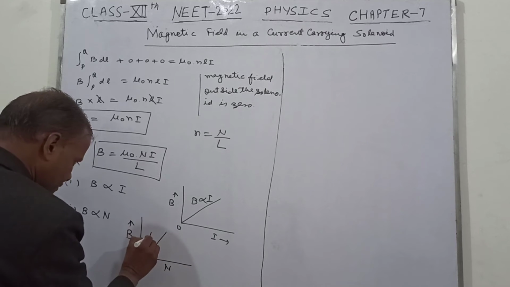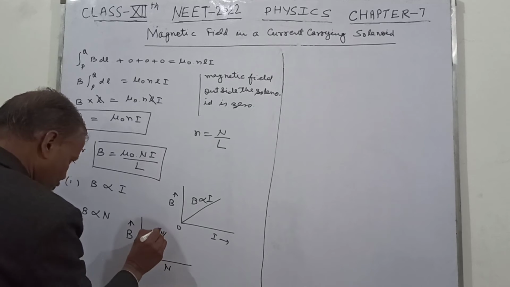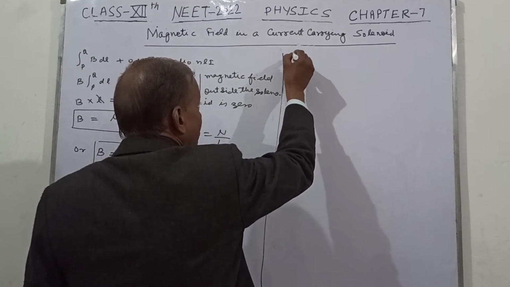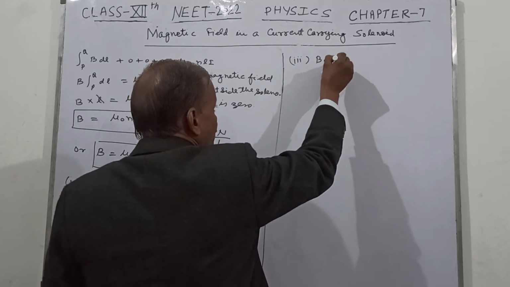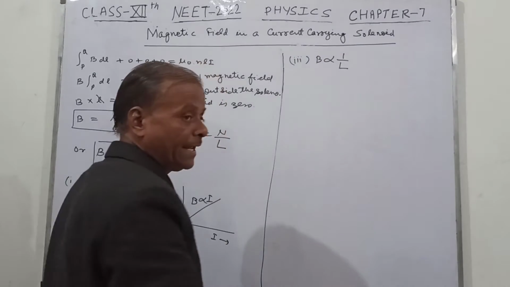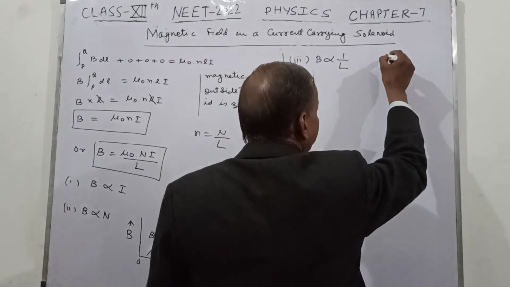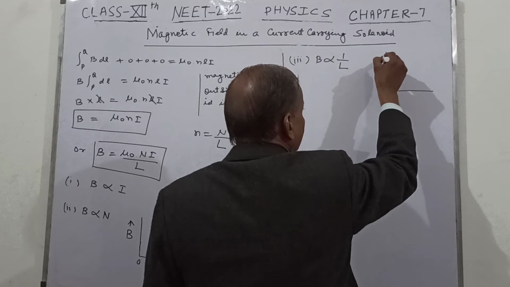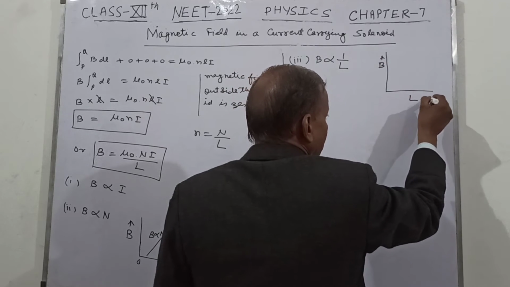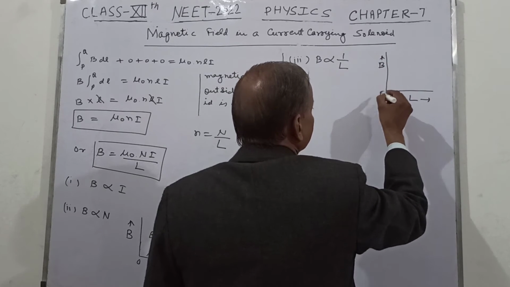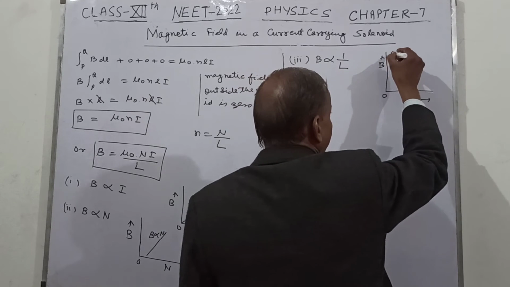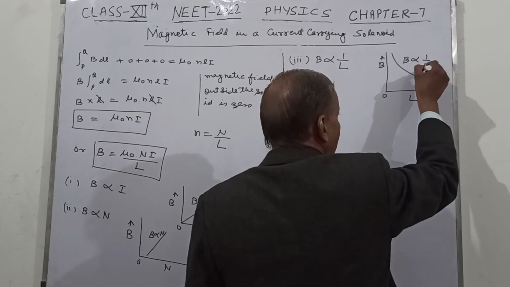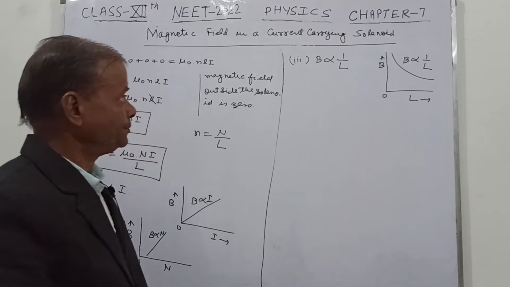This is a line like this. B proportional to N. Now third we are having B proportional to 1 upon L. So if we are having the variation of this B with the length of the solenoid, then this will be in this way. Now B is proportional to 1 upon L.